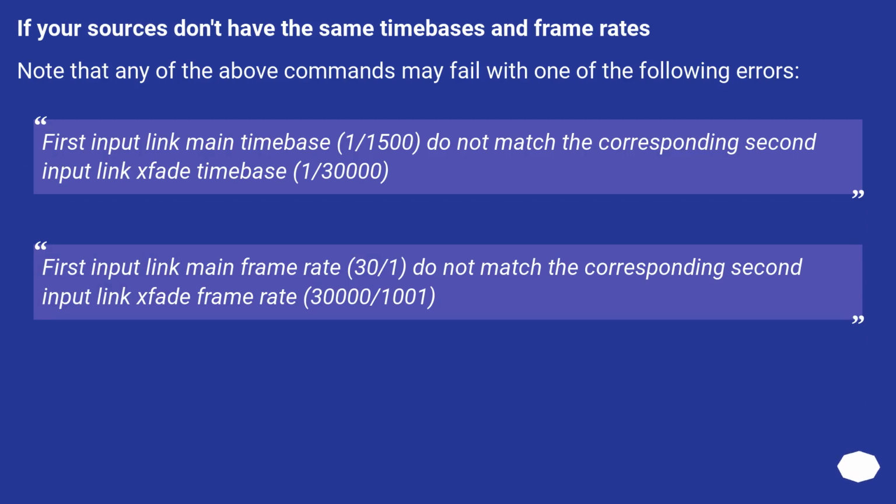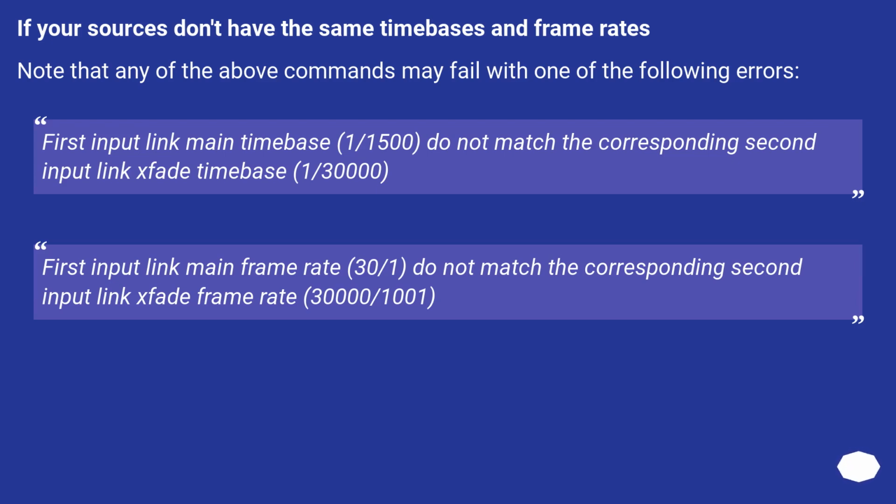If your sources don't have the same time bases and frame rates, note that any of the above commands may fail with one of the following errors. First input link main time base 1/5000 does not match the corresponding second input link's fade time base 1/30000.